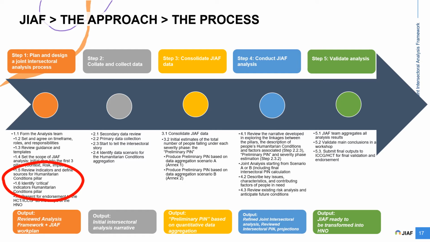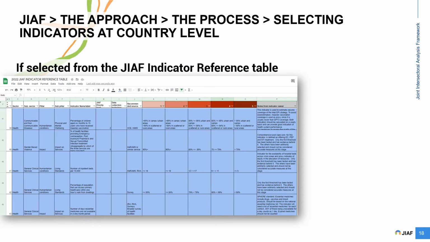Indeed, once the JIAF team has conducted the initial scoping and has agreed on the boundaries for the analysis, the next step is to review indicators and define sources for informing the humanitarian conditions pillar. It's also when it is time to identify the critical indicators for the humanitarian conditions pillar. We're going to look more into details into the selection of the indicators now.